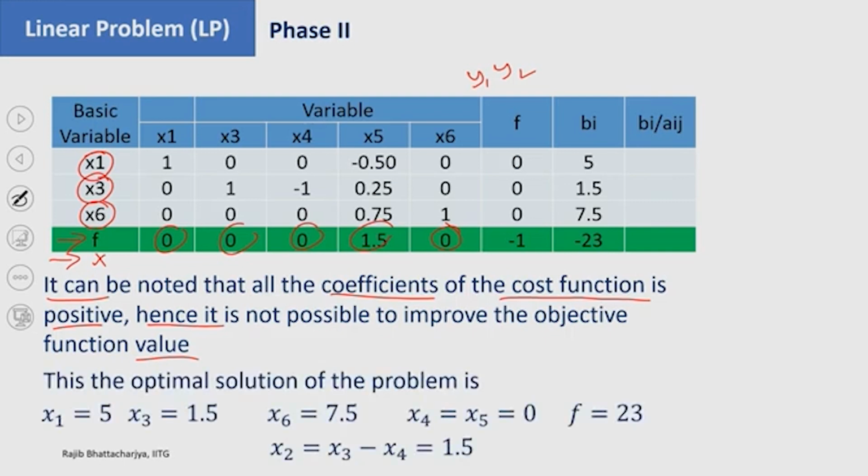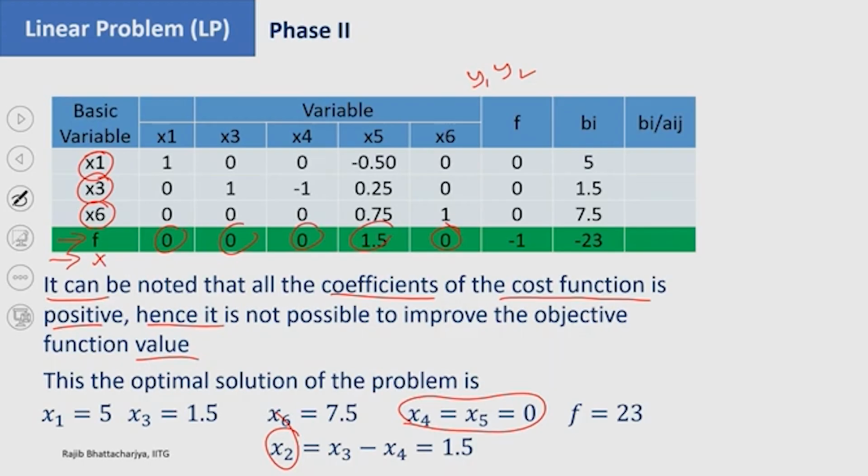So, therefore, the solution is now x 1 equal to 5, x 3 equal to 1.5, x 6 equal to 7.5, and x 4 and x 5 are non-basic variables. Okay. So, therefore, they are 0, and what is x 2? x 2 is x 3 minus x 4. Okay.